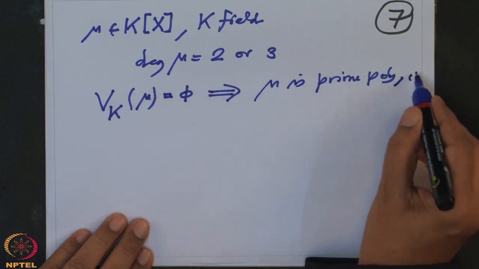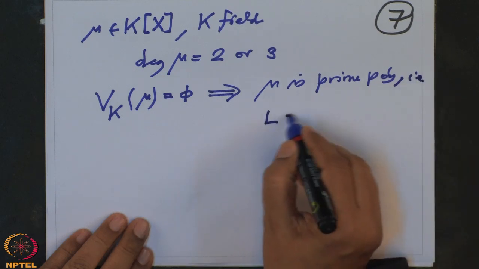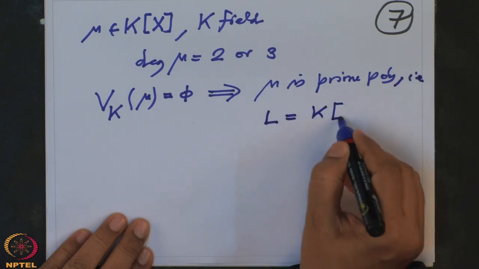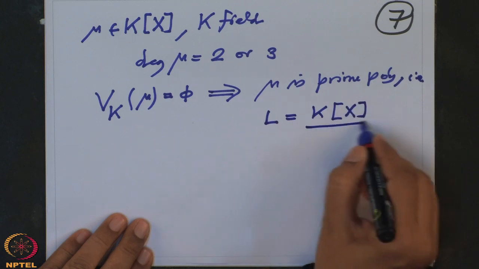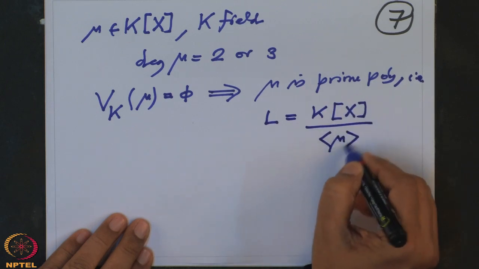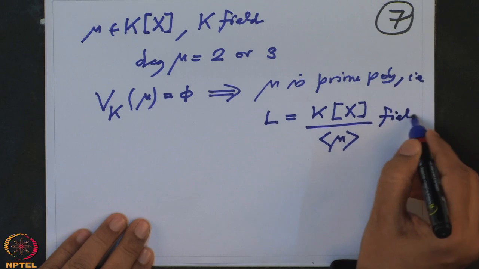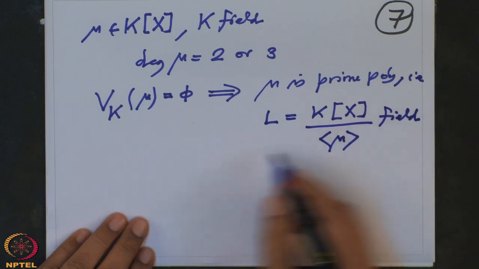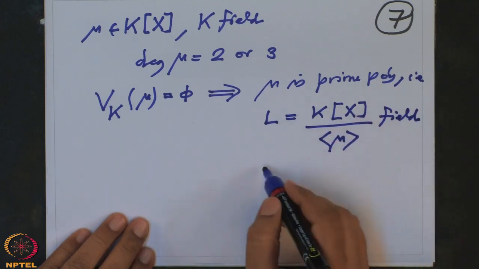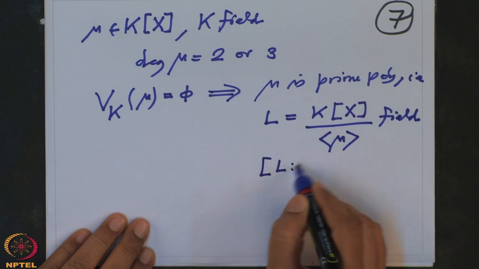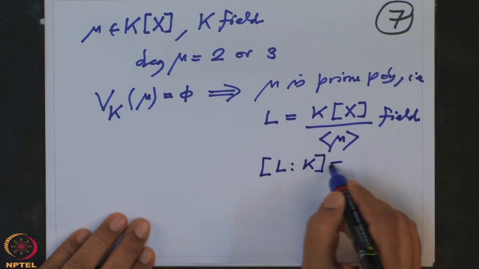That means, if I go modulo the polynomial ideal generated by mu, this must be a field. So, you get a field extension, and the degree of the field extension is equal to the degree of mu.